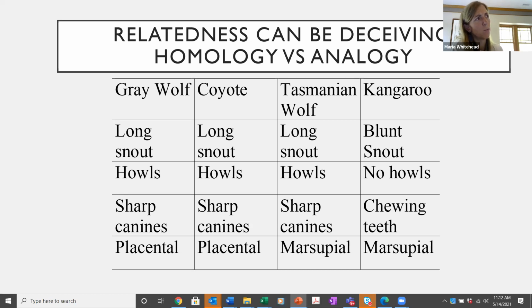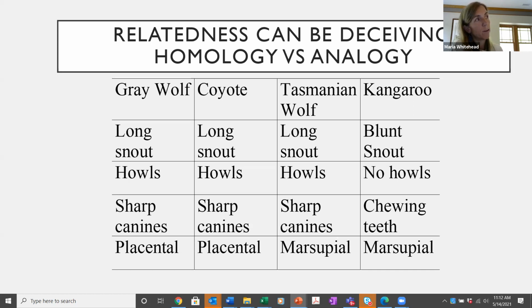The Tasmanian wolf is much more closely related with kangaroos, and the shared ancestral trait that is important is the fact that they're marsupial mammals, and that the coyote and gray wolf are placental mammals. So that is the homologous trait that shows shared ancestry.